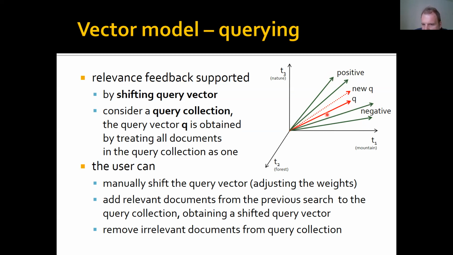So we are shifting, using vector arithmetic, the query vector from here to here. And in the second iteration, the user will get again the positives he already marked, but these negatives are too far now, so maybe they are not returned at all. But maybe there is some completely new one returned, and maybe it's positive, and so the user gets more satisfied. So the effectiveness of the search is improved using the loop of relevance feedback.